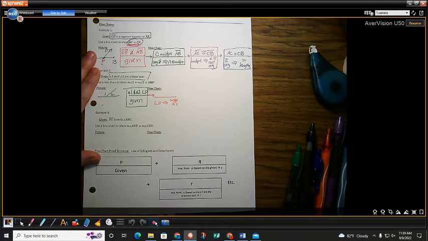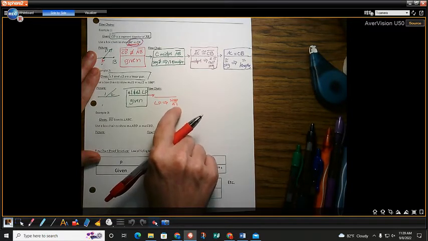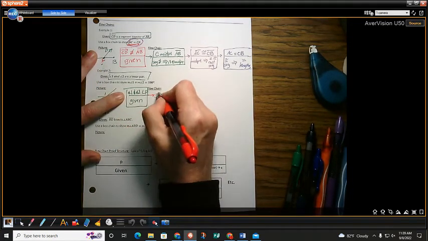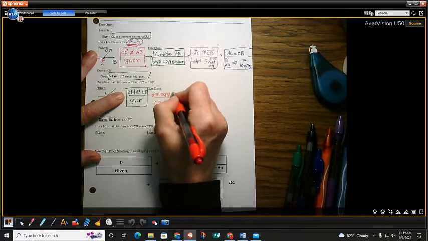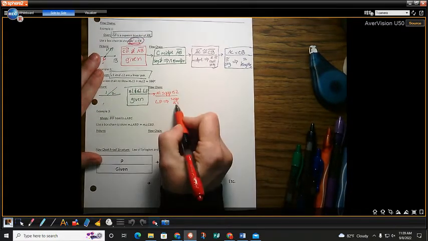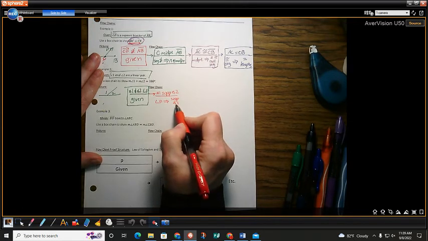So what can I say? No, I can't say anything about adding. All I can say is something is supplementary. Angle 1 and angle 2 are supplementary. I've got a linear pair, so I can say that angle 1 is supplementary to angle 2. That's all I can say there, because that's all it says down here is supplementary.